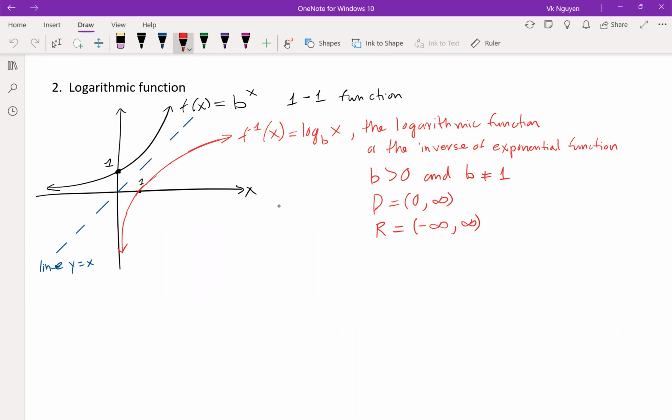One thing very important, that is the relation between the logarithmic function and the exponential function. We call that the inverse property.